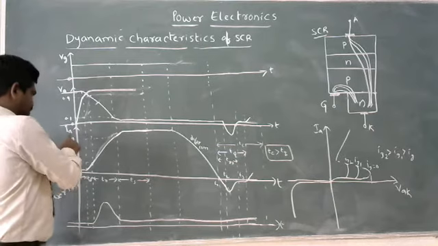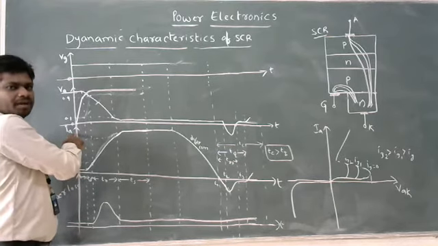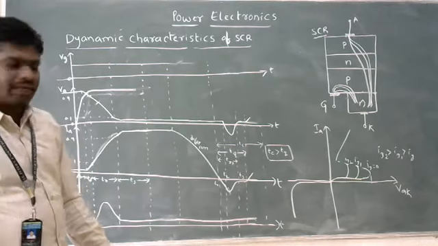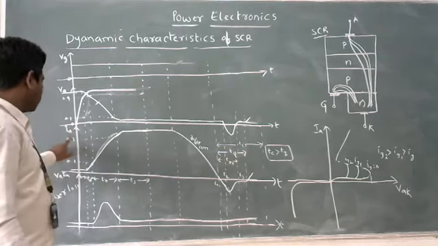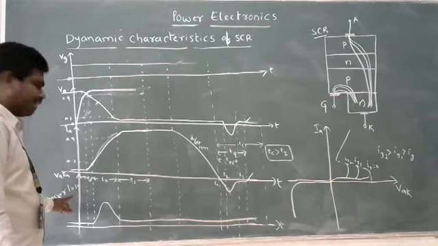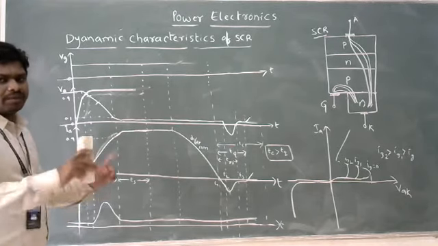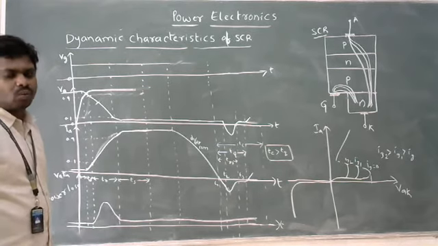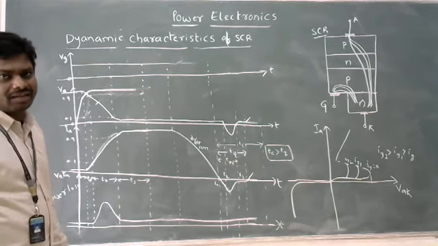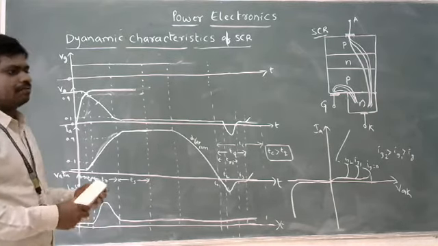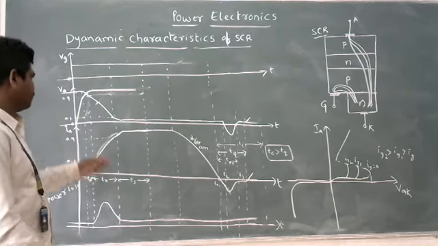And these characteristics are the current flowing from anode to cathode, IA, the anode current. The third one is the power loss due to the device in the circuit configuration. What will be the power loss occurring during the on period and off period of the SCR? We will see the on period.